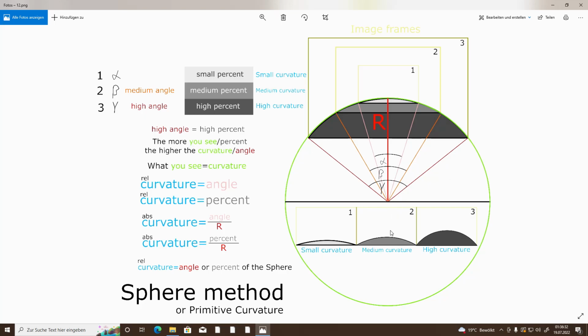With an angle, we always get only the relative curvature of a sphere. Percent the same. And we get absolute curvature when we get the angle and percent in relation to its radius. And relative curvature is the angular percent of the sphere. Yeah, that's the same again.